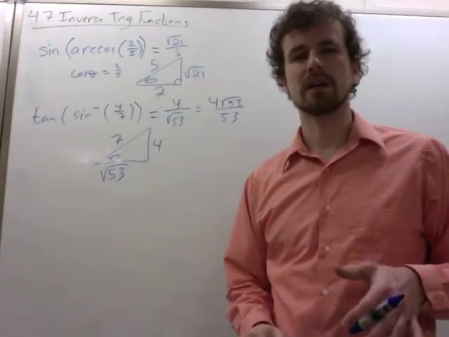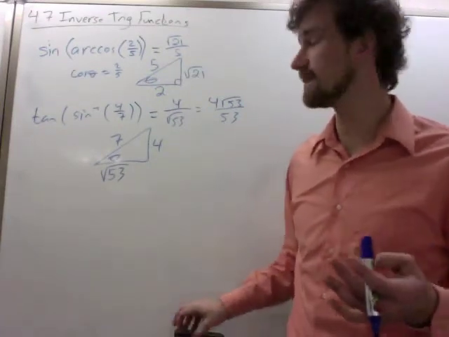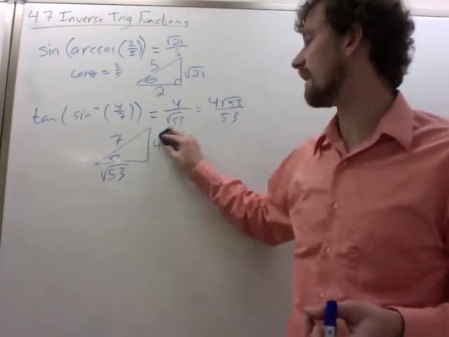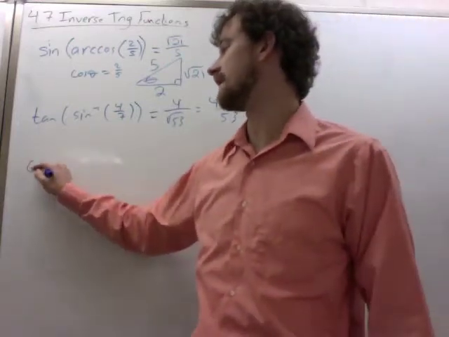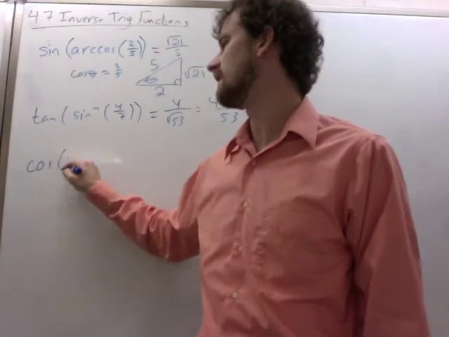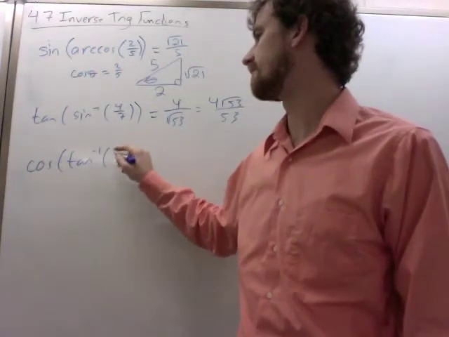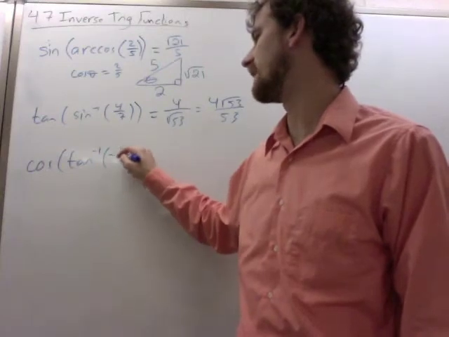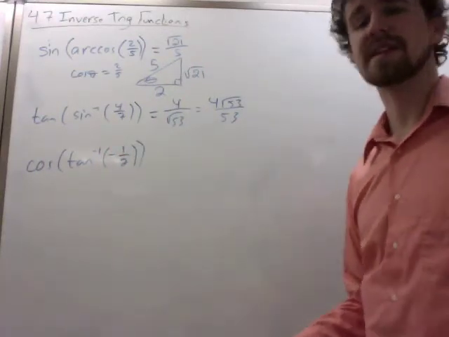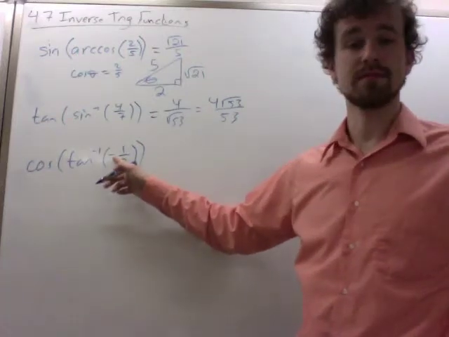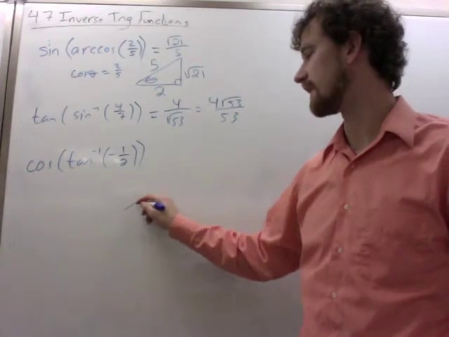It gets a little bit trickier when you're in a different quadrant. So you have to keep in mind what quadrant you're in. Let's say I want to take the cosine of the inverse tangent of minus 1/2. We can forget about the minus sign for a second and just draw our triangle.